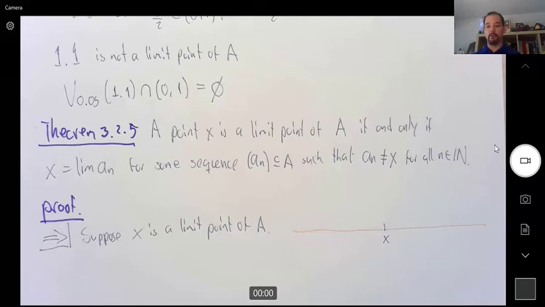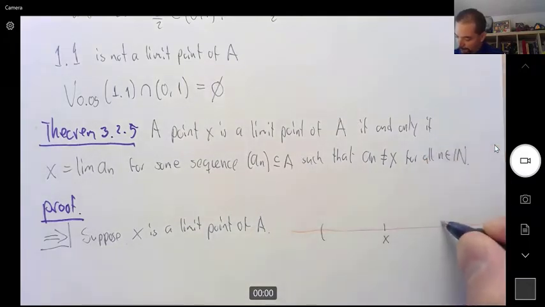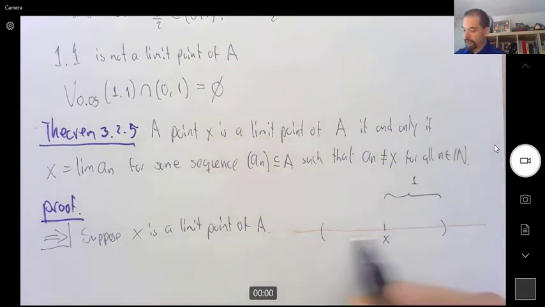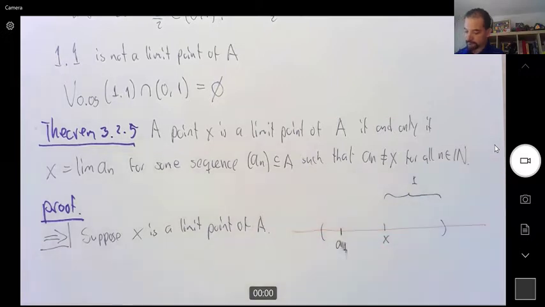But you could pick whatever you want. You could pick any other sequence that goes to 0. So I'm going to pick the neighborhood of radius 1. And I know there has to be some element in here of A. Whatever element of A is in there, I'm going to call it A1.